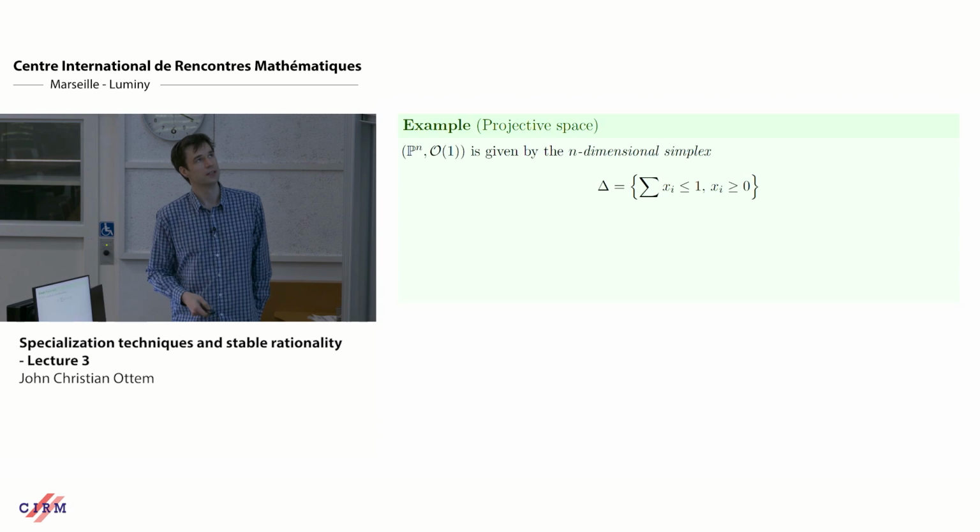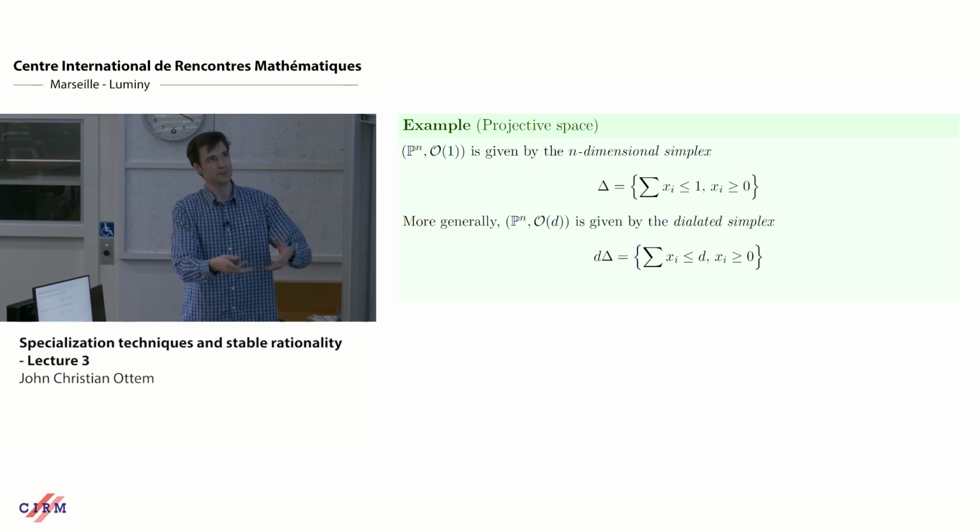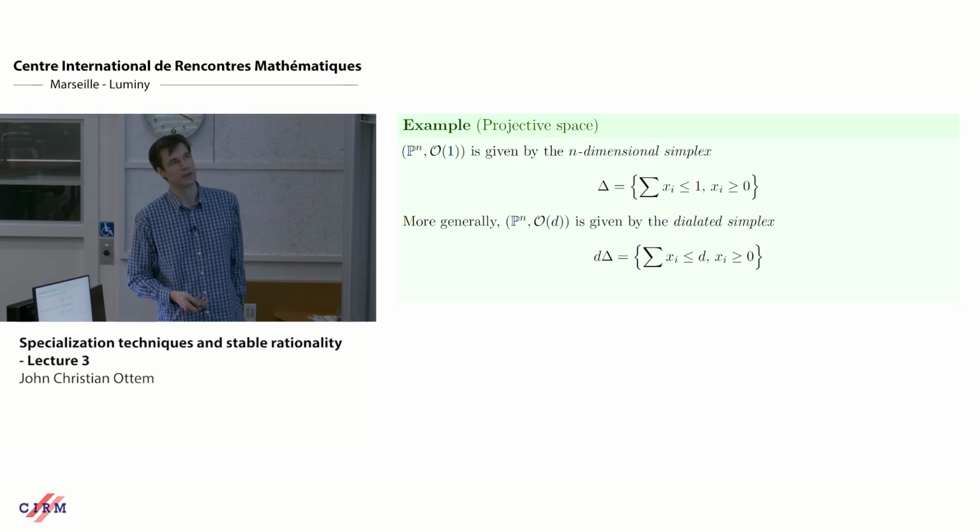Okay, so here's a basic example. Projective space corresponds to the usual n-dimensional simplex. And if you scale the simplex, you still get the same polytope. It's just scaled so that you basically take the divisor and multiply it with d.